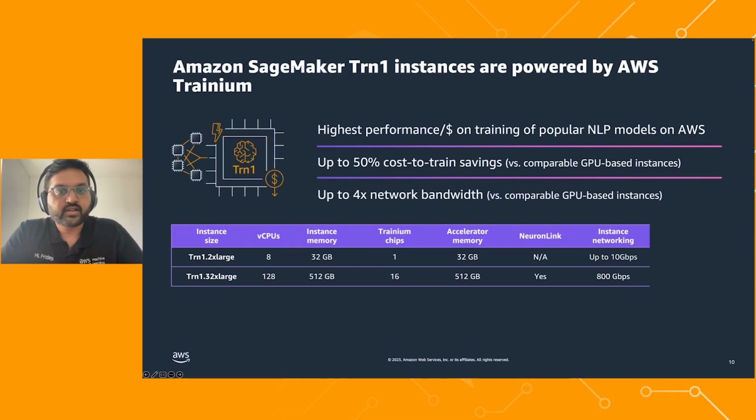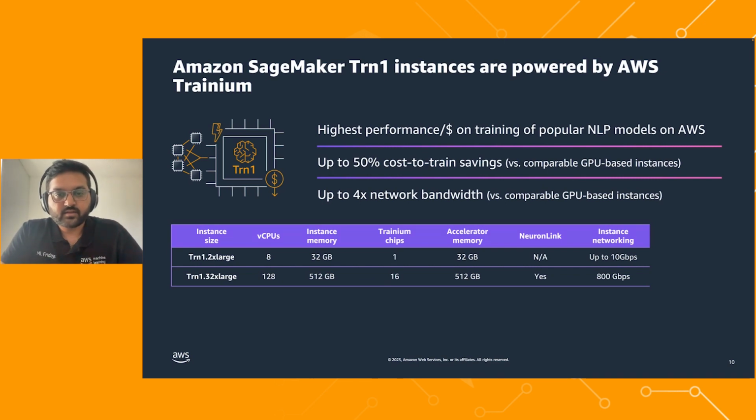Each neuron accelerator comes with 16 GB of memory, making it 512 GB for a TRN1 32xlarge and 32 GB of instance memory in case of TRN1 2xlarge. The networking is based on second generation EFA, EFA v2, which enables low latency and improved cluster level scaling.